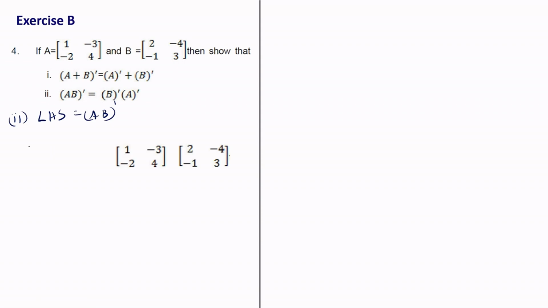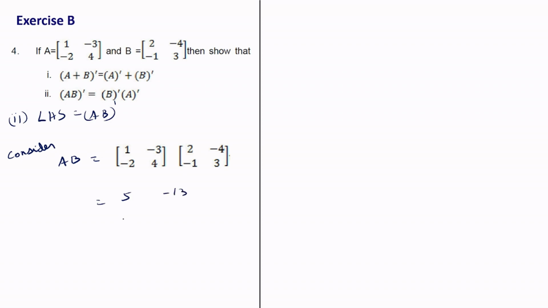So first let us consider A into B. Consider AB. It is equal to the product of these two matrices: 1, minus 3, minus 2, 4 into 2, minus 4, minus 1, 3. So this is 2 plus 3, 5, then minus 4 minus 9, minus 13.